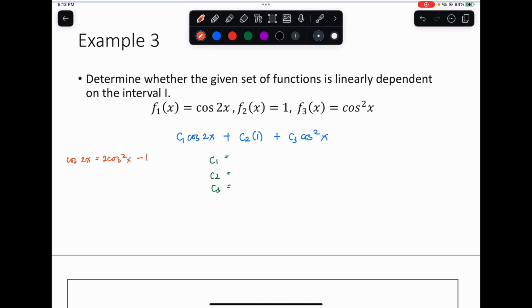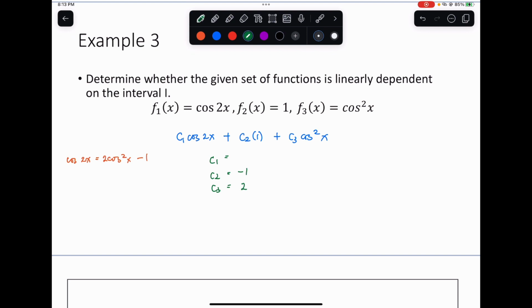Since we already have an idea about this, I can make cosine squared x, so I have 2 there, so I could make C3 equal to 2. And then I want a negative 1 for C2, so I'll multiply it with negative 1.